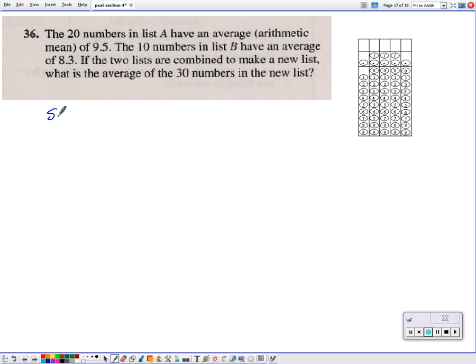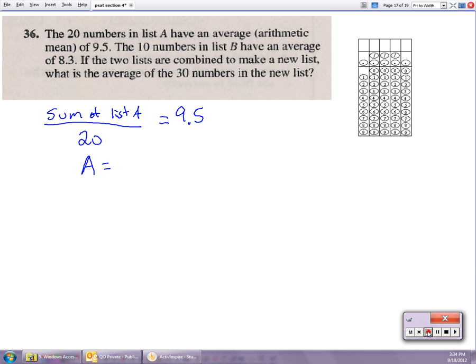So the sum of all the list A numbers, sum of list A, and there are how many? 20. And that has an average of 9.5. If I multiply both sides by 20, I get all the numbers in list A to add up to, time to grab a calculator, 190.